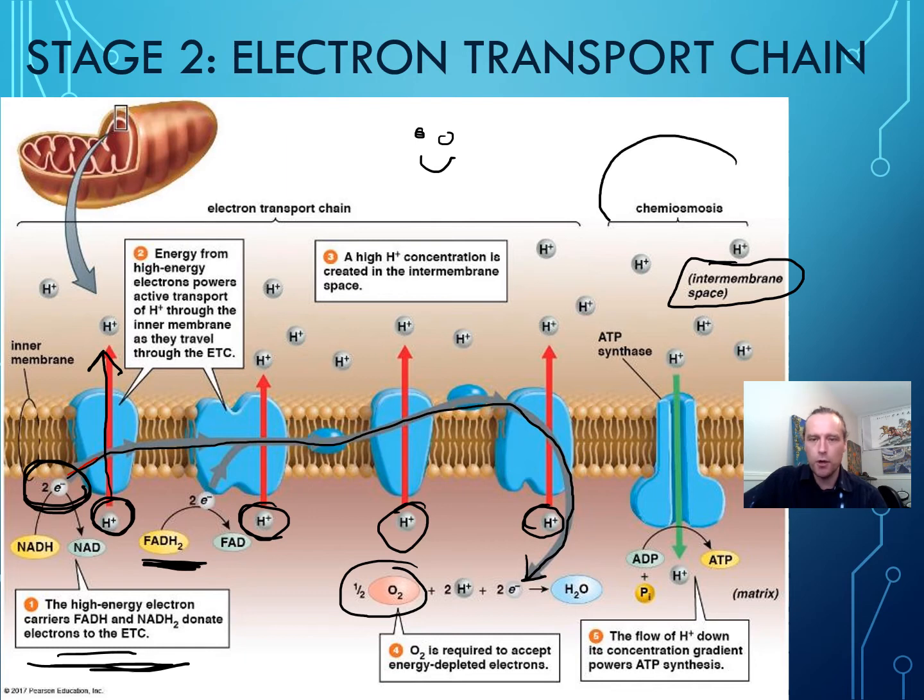I'll circle it, draw your attention to this. Chemiosmosis is going to happen in this kind of region below where it says chemiosmosis. And protons, the H pluses, will diffuse down through ATP synthase back into the matrix.